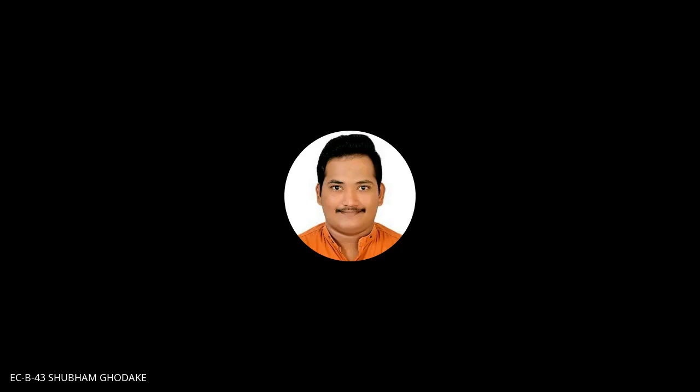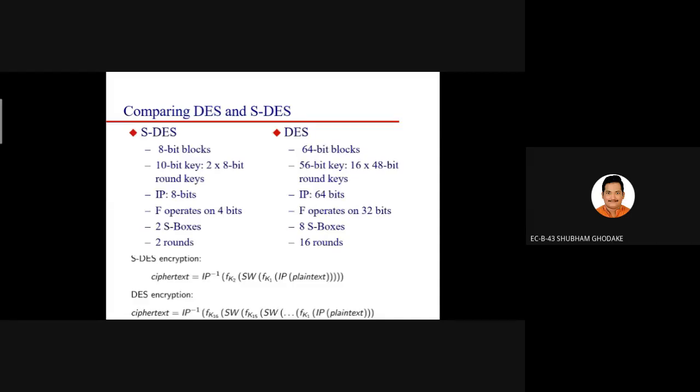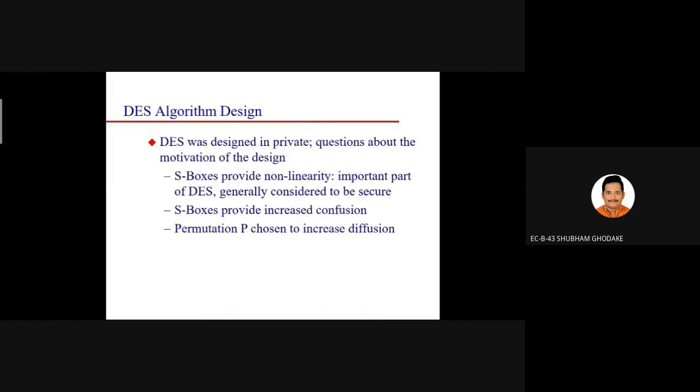In ESDS we have two rounds. We use the S0 and S1 boxes for ESDS, but for the DES algorithm we have a total of 8 S boxes and 16 rounds. So based on certain parameters, we can compare the ESDS algorithm and the DES algorithm.